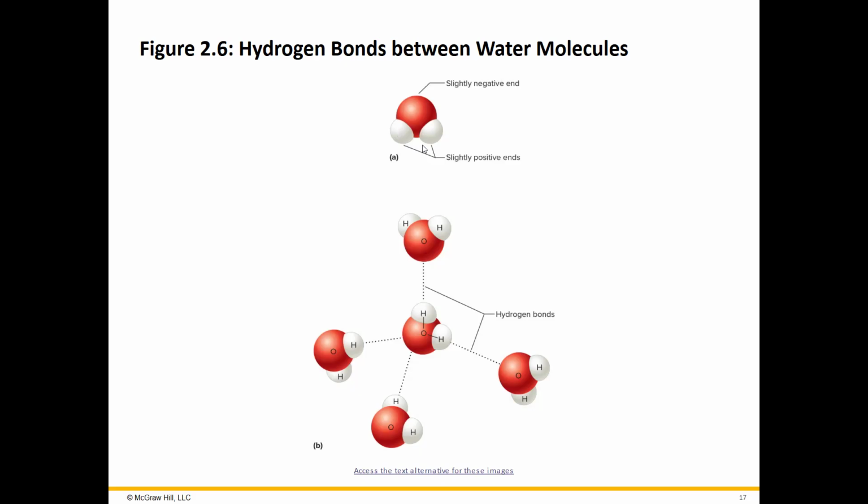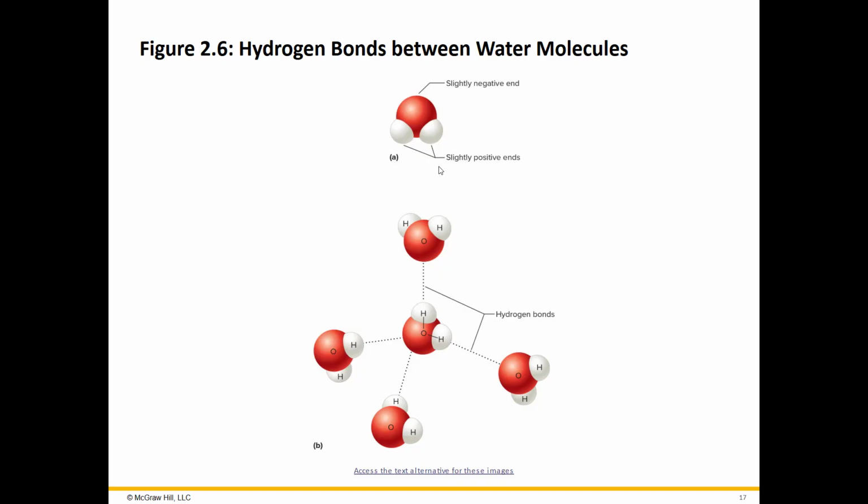Now, the slightly negative oxygen side and the slightly positive hydrogen side will be attracted to each other, and that will hold the different molecules of water together in a big tub of water. That attraction between the slightly negative oxygen side and the slightly positive hydrogen side is your hydrogen bond.